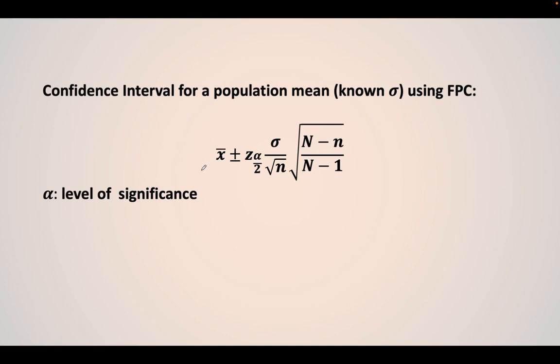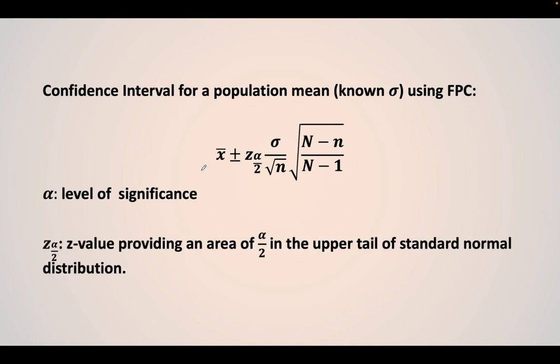For example, if we make a 98% confidence interval, alpha would be 1 minus 98%, or 2%. What is Z alpha divided by 2? Z alpha divided by 2 is the Z value from the standard normal distribution providing an area of alpha divided by 2 in the upper tail. Look here, it's the standard normal distribution.